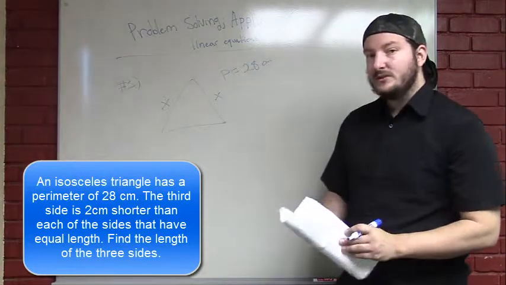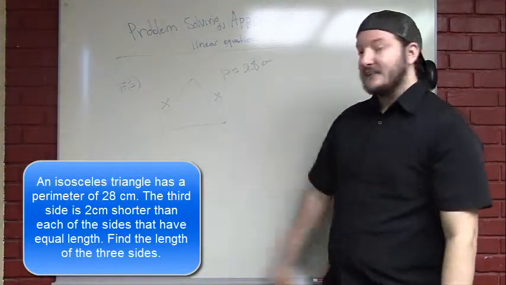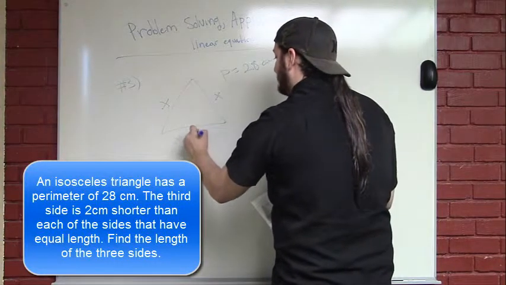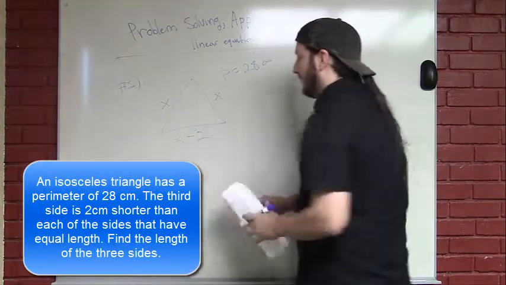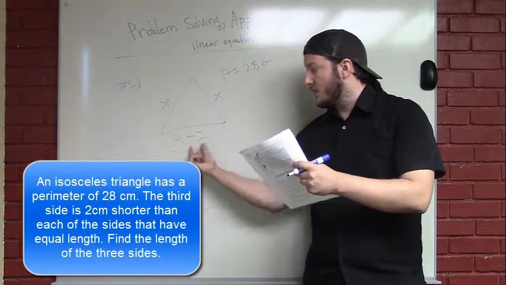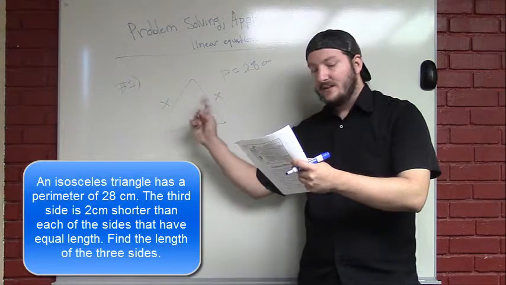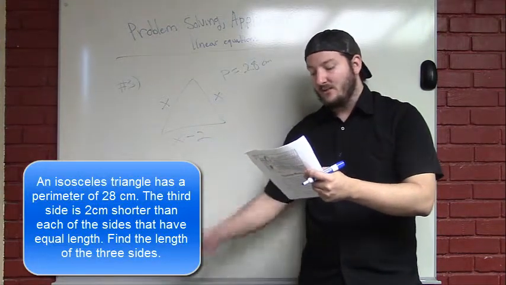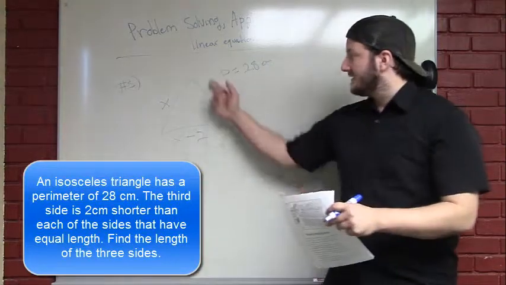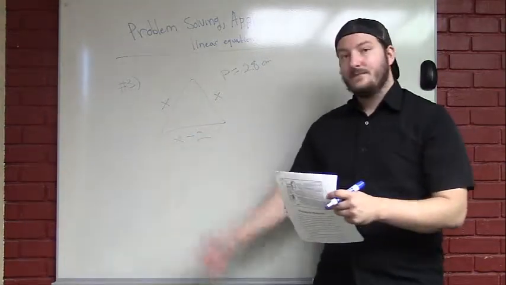If it's 2 centimeters shorter than the sides, it's going to be x minus 2. Now it says find the length of the three sides. So it wants to know how long this side is, and this side.